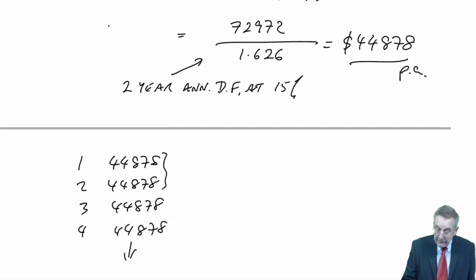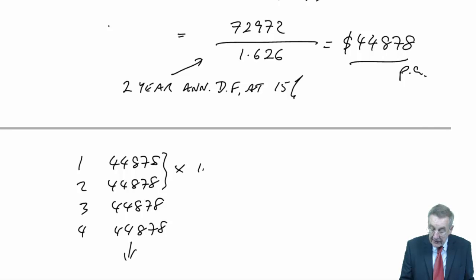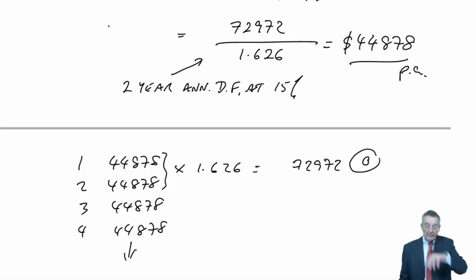Well, if you look at the first two, 44,878 a year for 2 years is a little annuity. And the present value of those, you'd multiply by the 2-year annuity factor. It'd be 72,972 at time 0.